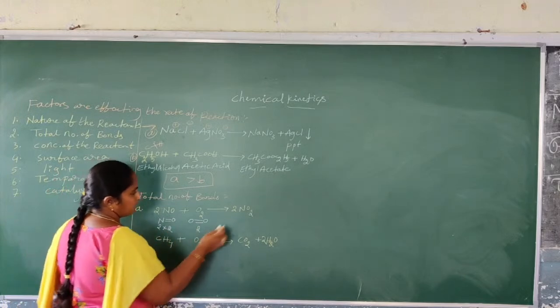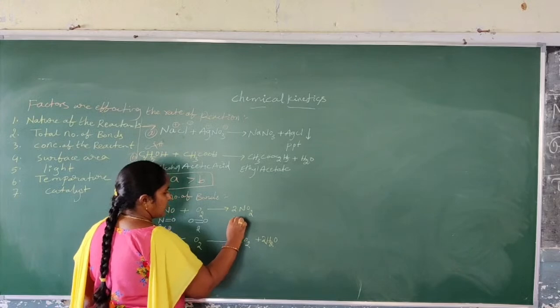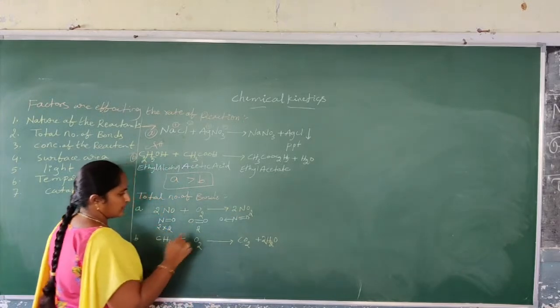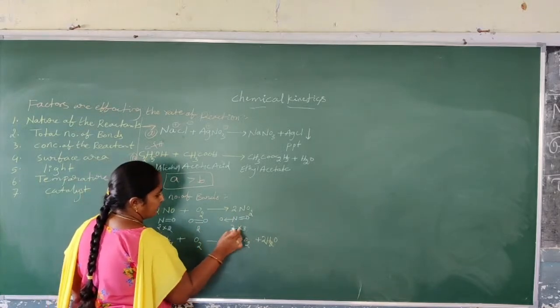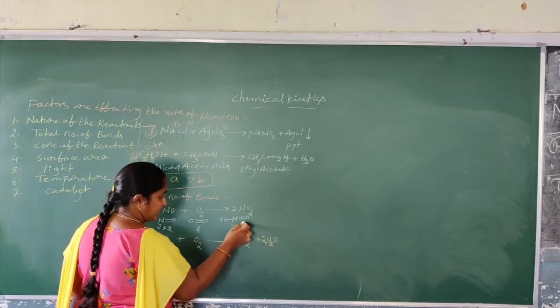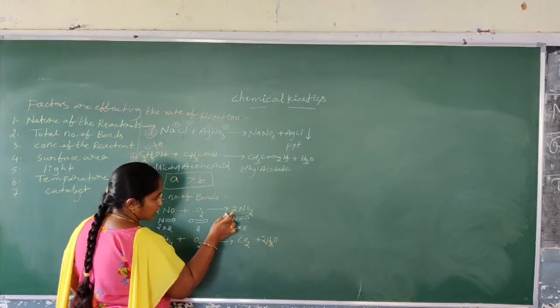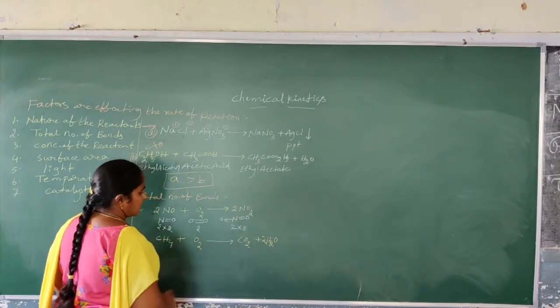Here the NO2 molecule structure is N double bond oxygen and one coordinate covalent bond, totally 3 bonds. 2 moles are there, so 2 into 3. Why did I take 3? Because 3 bonds are there, and 2 moles of NO2 are present. So totally how many bonds here? 6 bonds.